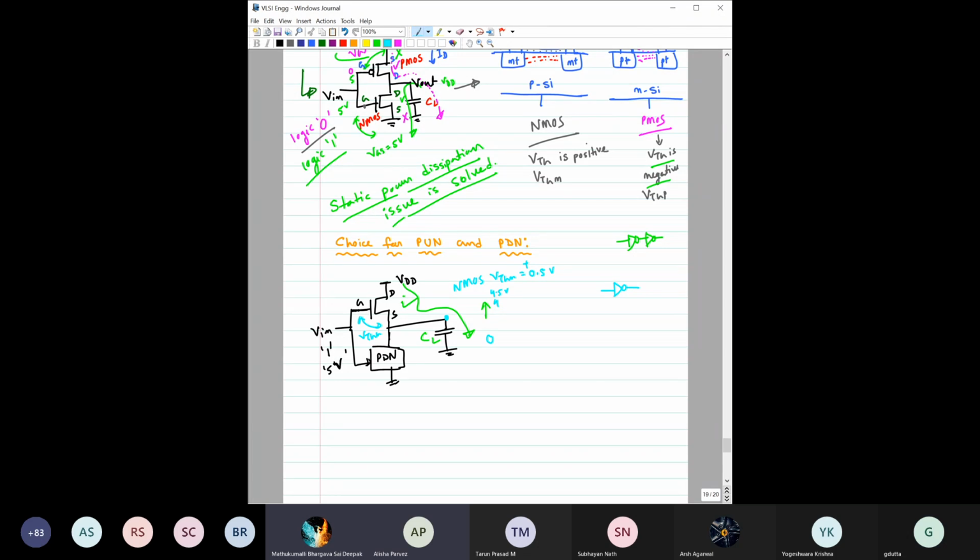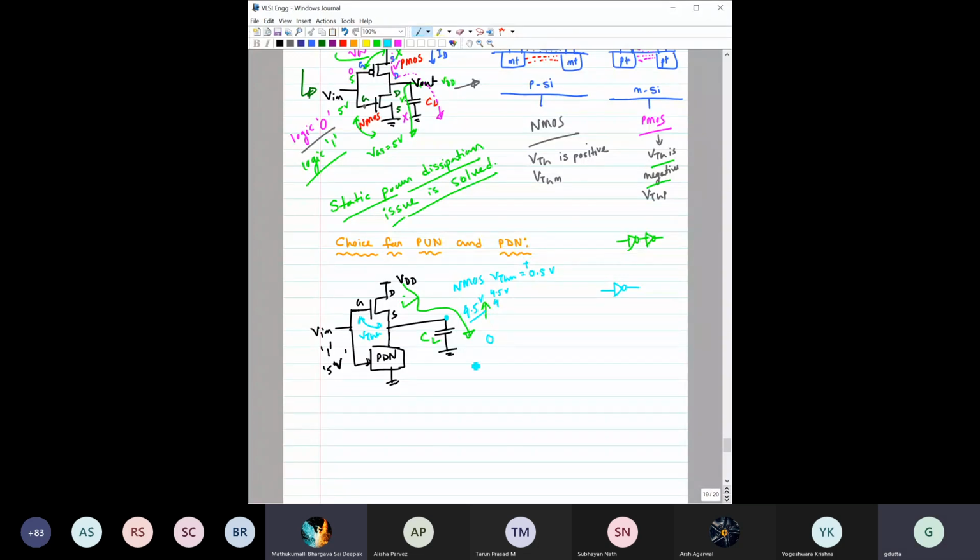So if the voltage of the source goes above 4.5, say it goes to 4.6 volts, then automatically the top transistor goes into cutoff. So it cannot raise the potential anymore, right? So the maximum voltage that you can reach here is 4.5 volt.